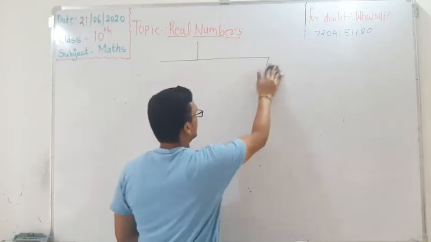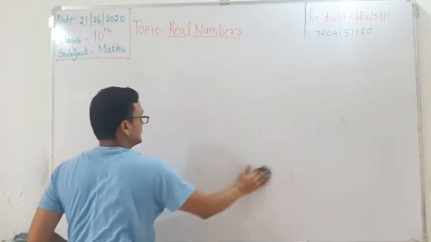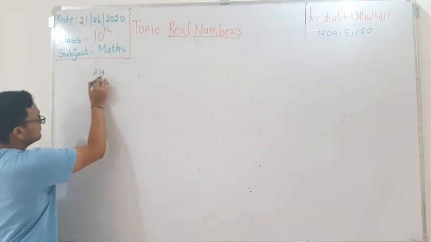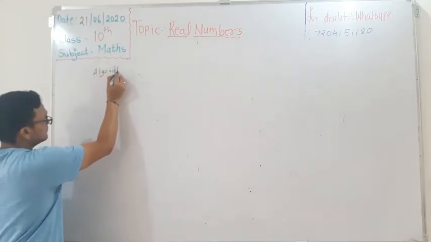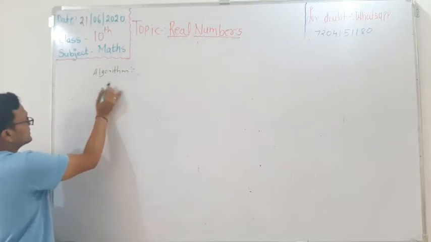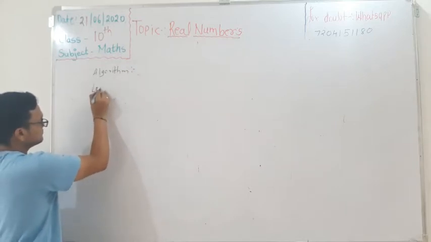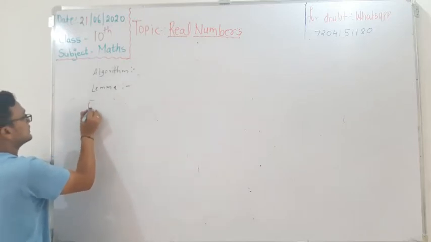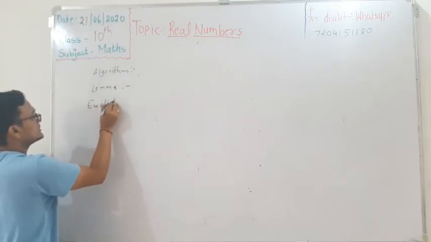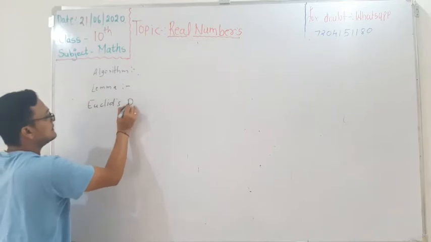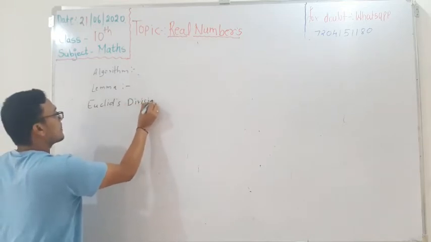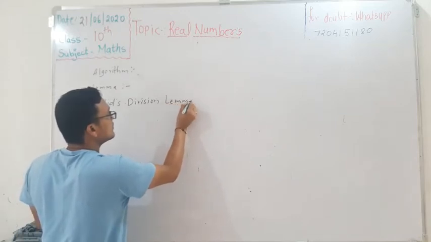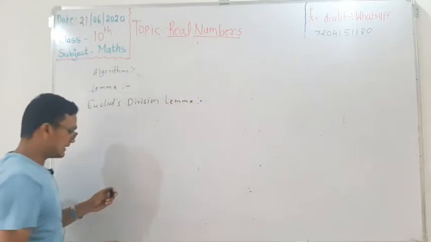First I will take algorithm, next is lemma, and the third concept is Euclid's division lemma. To understand Euclid division lemma, first we will see what is meant by algorithm and lemma.